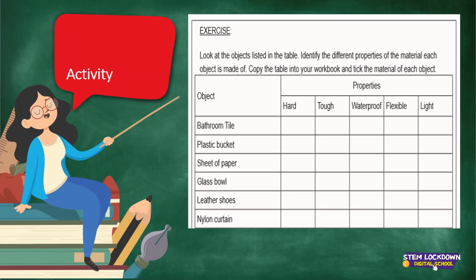And then light, is it light or heavy when you carry it? And then glass bowl, same thing. I hope everyone is moving. As I'm talking, you are busy writing and doing your exercise so that you don't get left behind. You still have a few minutes to continue your activity, so no problem.